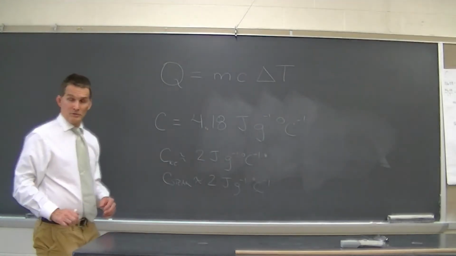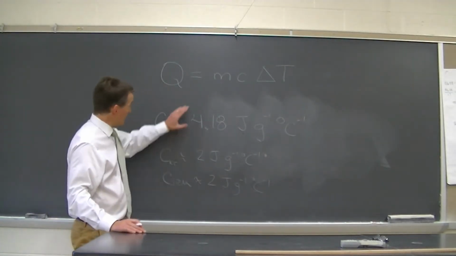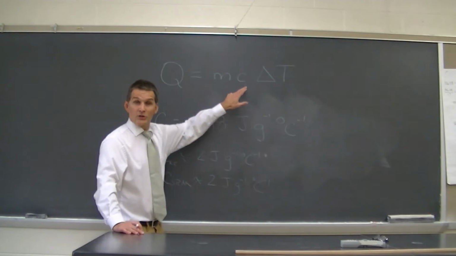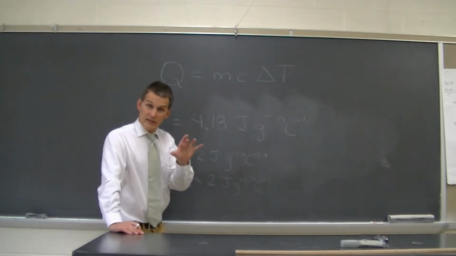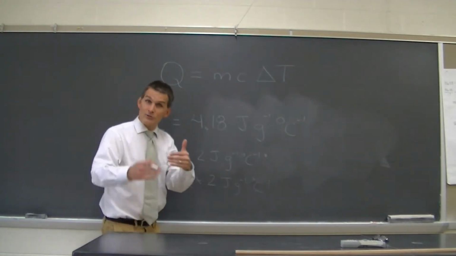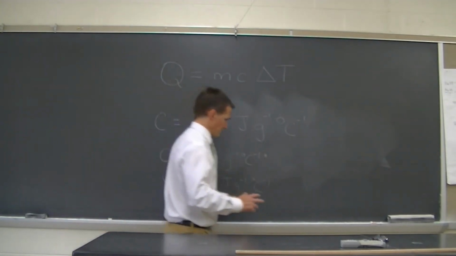So again, the point here is that when you're using specific heats, you need to make sure that you're using the specific heat that's specific to the substance being studied.